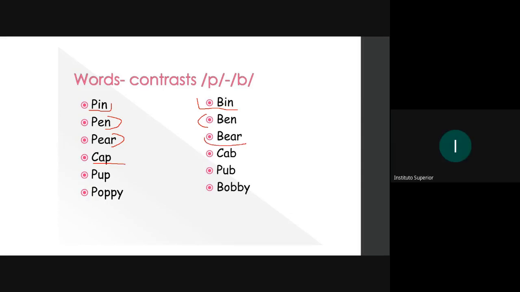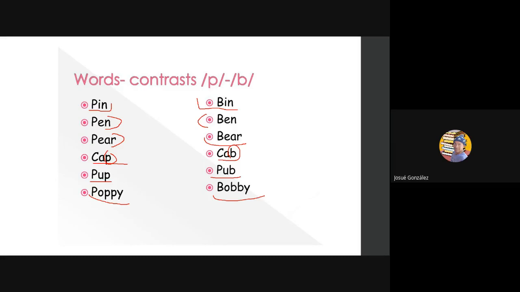Okay. Here. Cap, cub. Yes. Good. Here. Pop, pub. Okay. The last one. Puppy, Bobby. Okay.